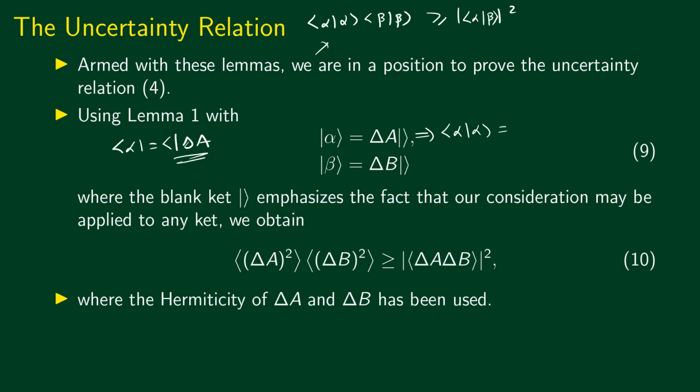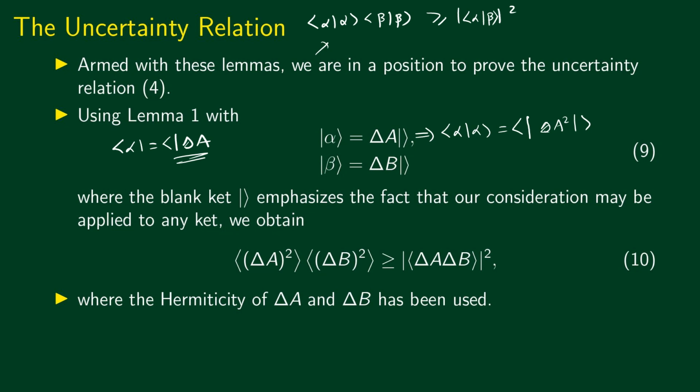I have a delta A in the bra and a delta A in the ket, so I can simply write this as delta A square between the states we are considering.